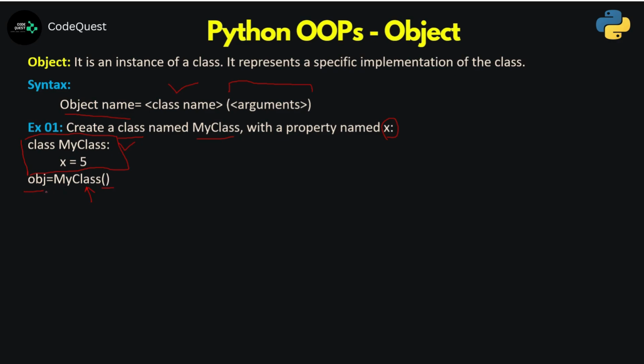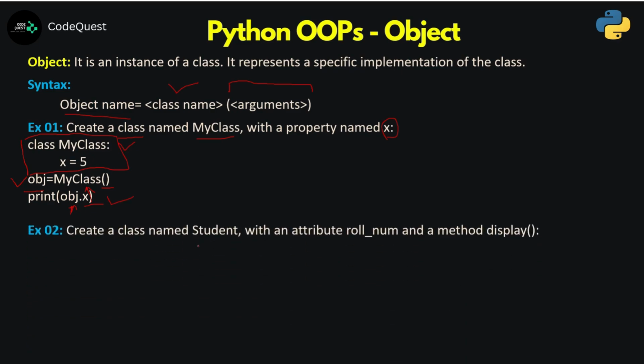This line is going to create an object of the class called my class. Once we created the object, by using that object we are able to access the attribute value. In this example, the attribute is nothing but a variable called x holding the value 5, so this is going to display the value of x.